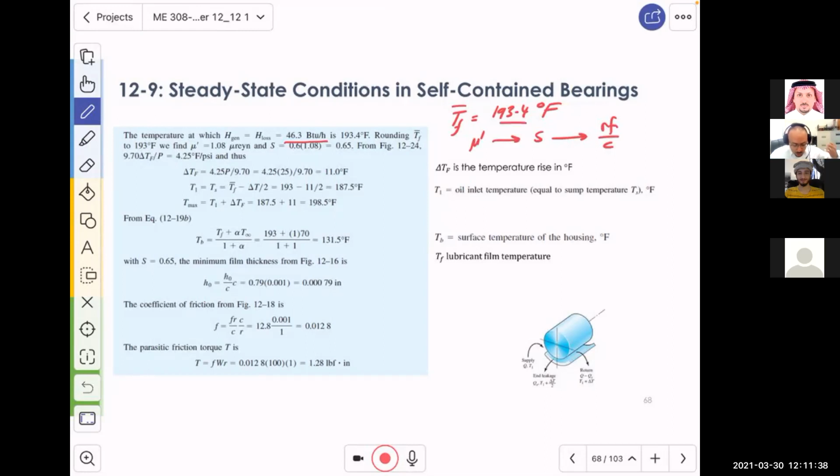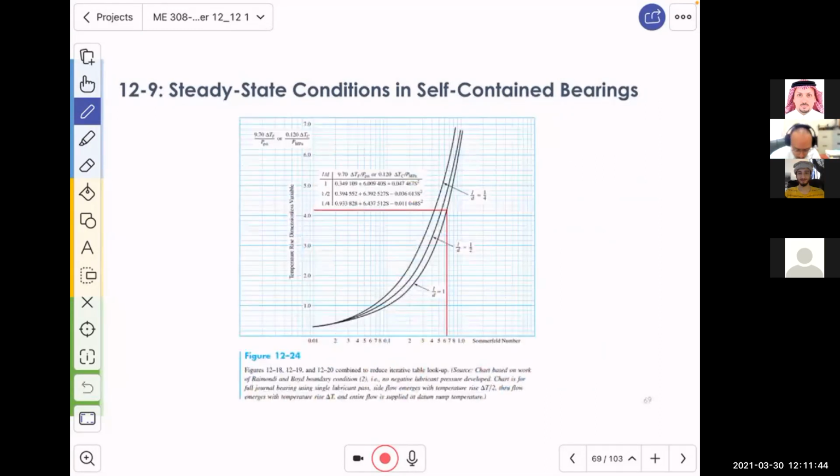Now, when I find this temperature, I can also go to this curve by knowing S and knowing L over D. I can go ahead, look, and use figure 12 for 24 to find the temperature rise dimensionless variable.